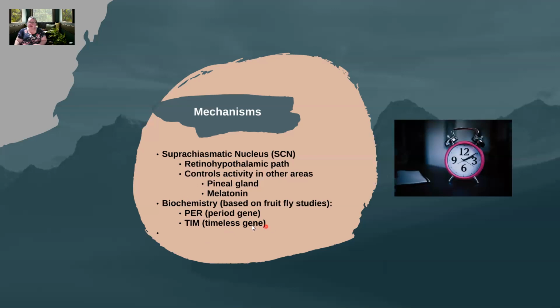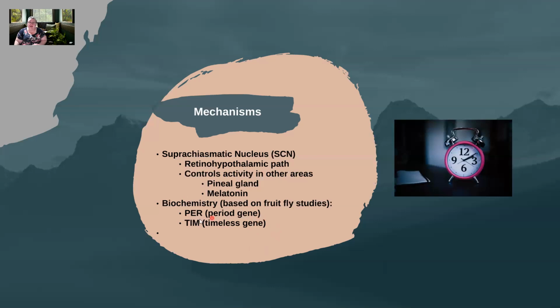Okay. And then the last piece, as far as the actual physical mechanisms related to our circadian rhythms, is the biochemistry piece that was covered in our chapter. Based on some studies with fruit flies, it was found that two different genes are related to our sleep and wake rhythms: the period gene and the timeless gene.